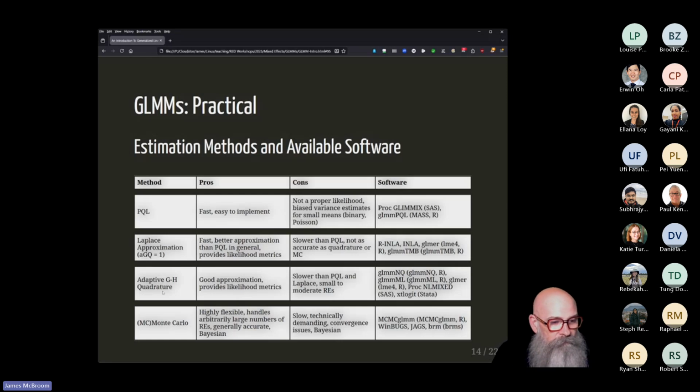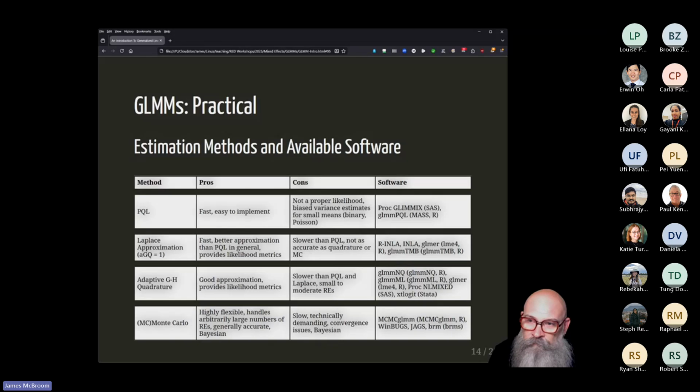Okay, the adaptive Gauss-Hermite quadrature. There's my package, which isn't available on CRAN, but if you email me if you want to try it, you can, and I'll send it to you. My package is GLMMNQ. There's the GLMMML function and package of the same name in R. There's the GLMER function in LME4 that will do adaptive Gauss-Hermite quadrature, but only on one random effect, only on a random intercept.